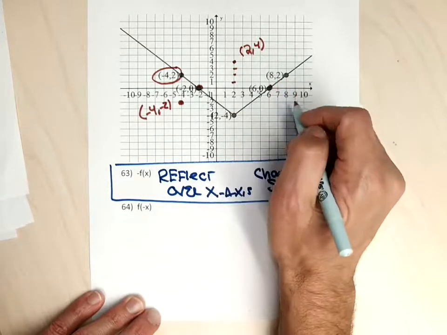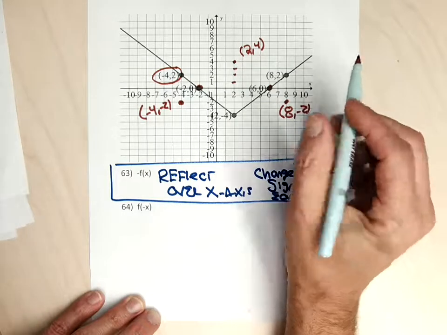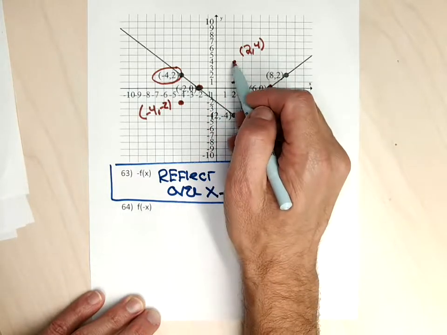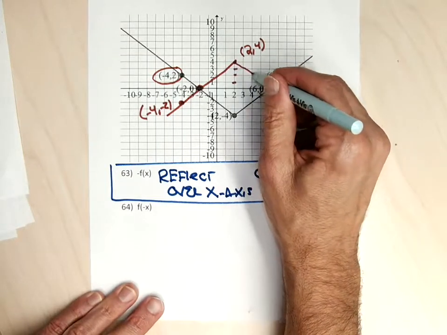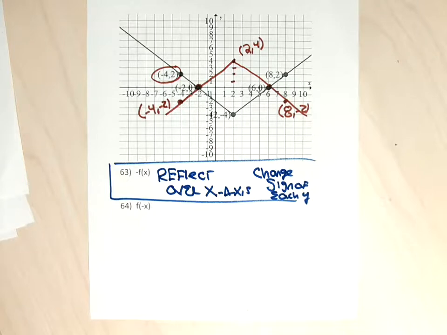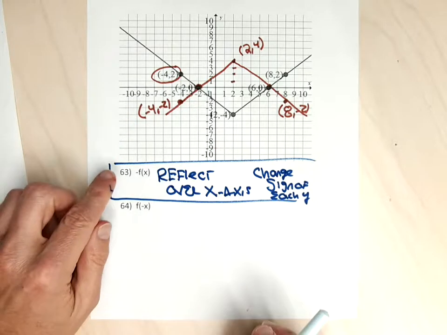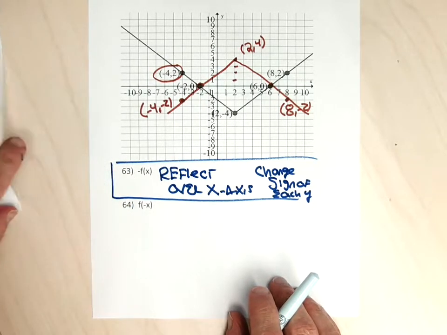And the point 8, 2 is going to go to 8, -2. Now I'm going to connect all these points that I just drew. I'm going to get a graph that's flipped over. That's reflecting it over the x-axis. So if you're given something that asks you to reflect over the x-axis, that's a negative in front of the function notation, you change the sign of each y.